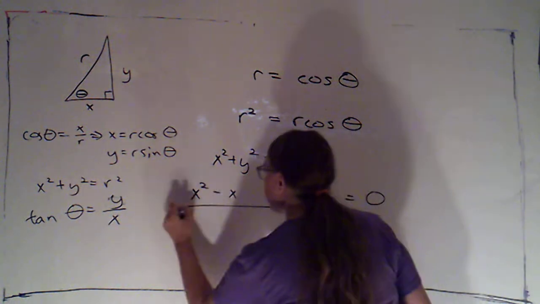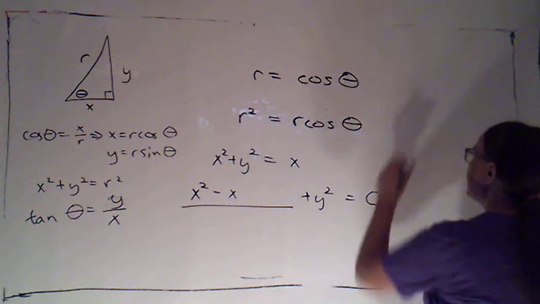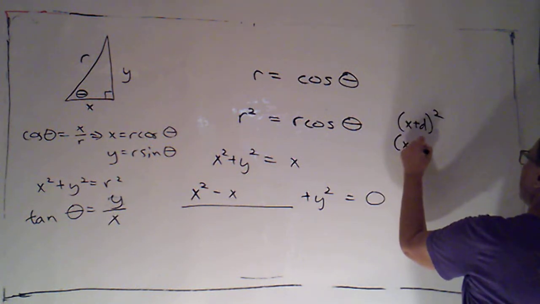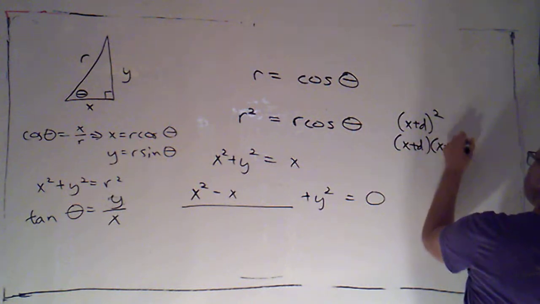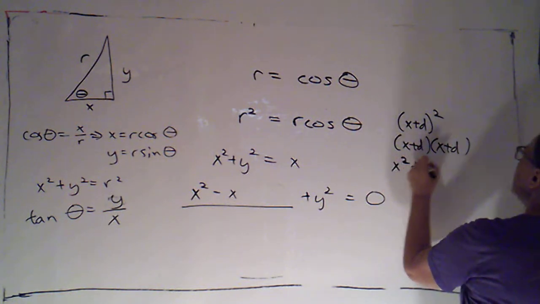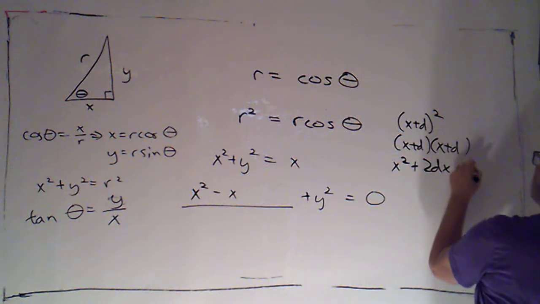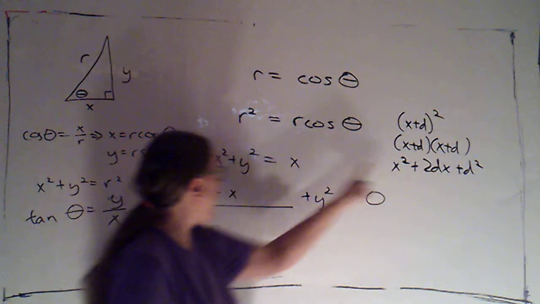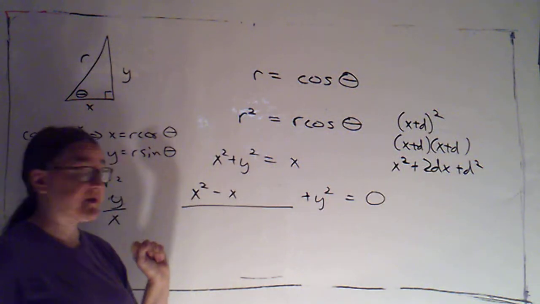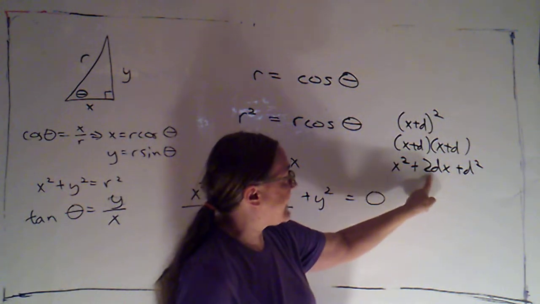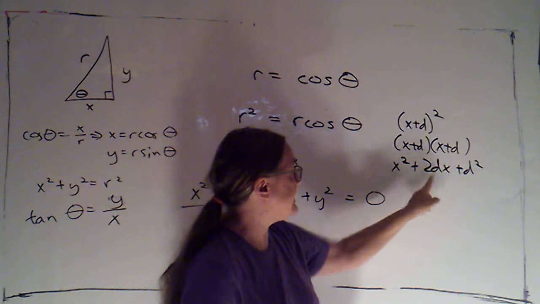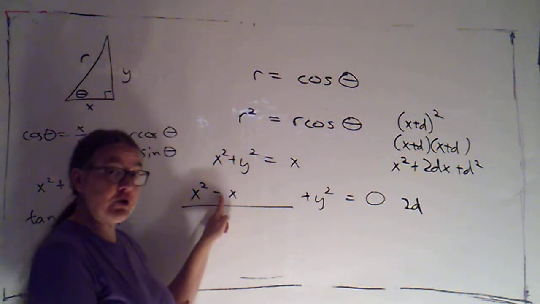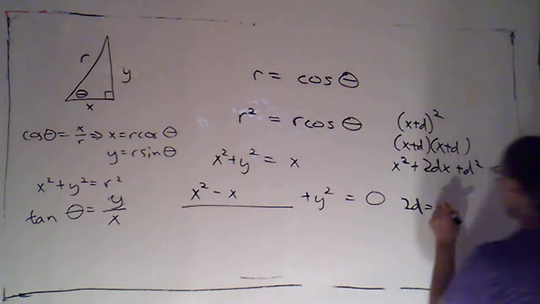And we're trying to make this a perfect square. So we're trying to make it look like x plus d squared, which would be x plus d times x plus d, which is x squared plus 2 copies of dx plus d squared. So I've got 1 copy of x squared, that matches. The number of x's that I want to have is 2d. The number of x's that I do have is negative 1.